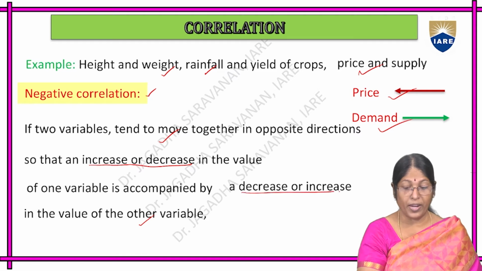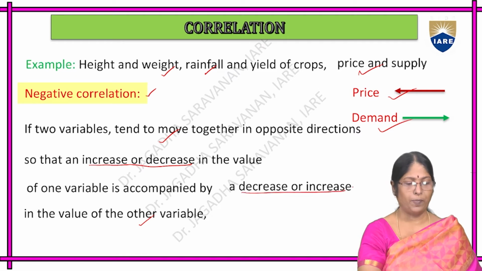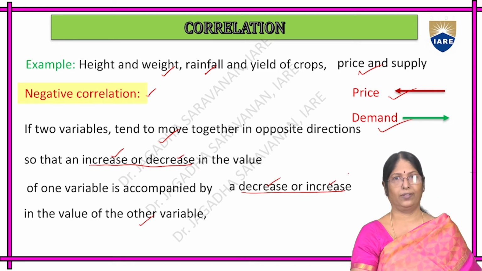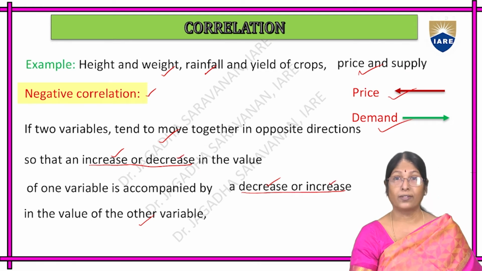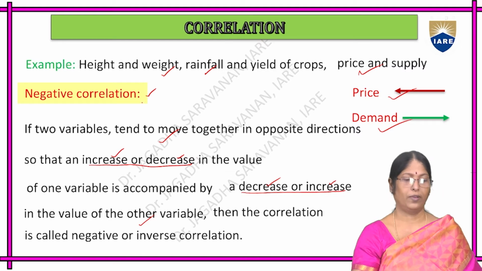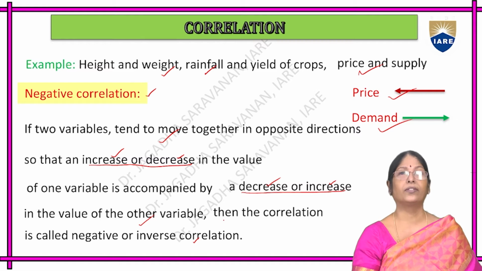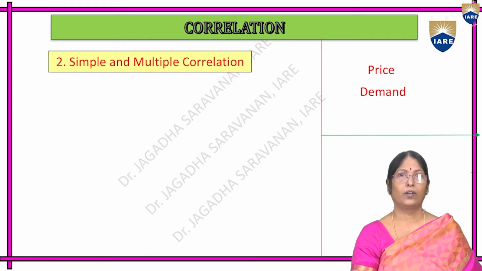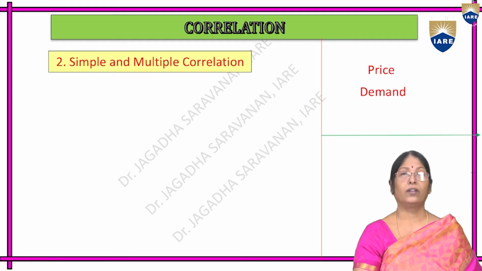Here decrease or increase. That means here increase, here decrease; here decrease, here increase. Opposite. Such a correlation is called negative correlation, or we can call it inverse correlation. Here we can see price and demand.